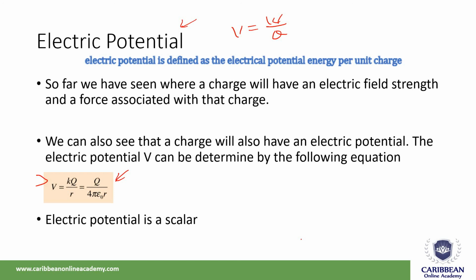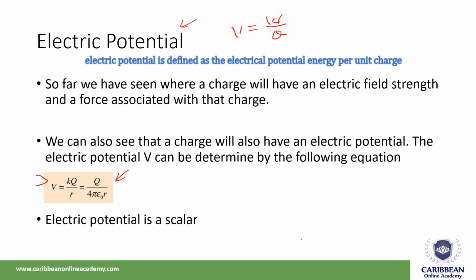We know that electrical potential is defined as the electrical potential energy per unit charge, or in some cases we say that electrical potential or potential difference is the work done per unit charge. Whatever work is being done is the amount of electrical potential energy that is being stored in the charged particle.